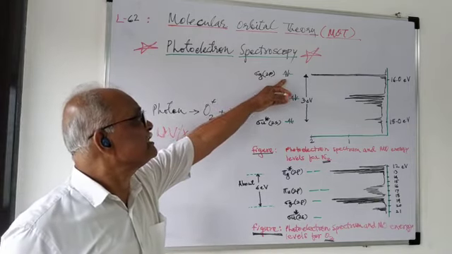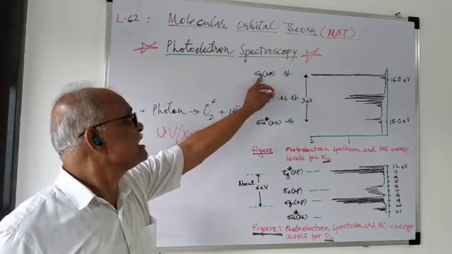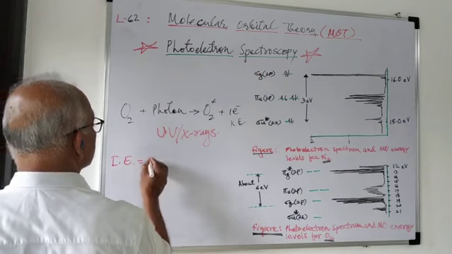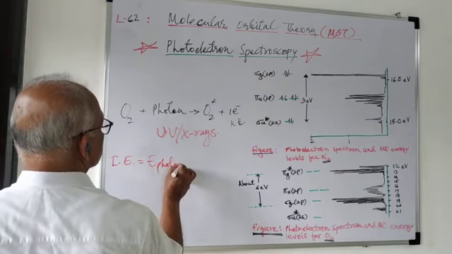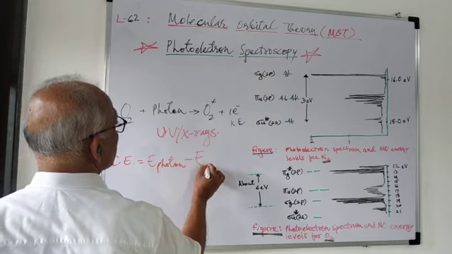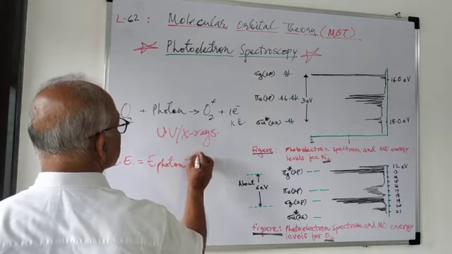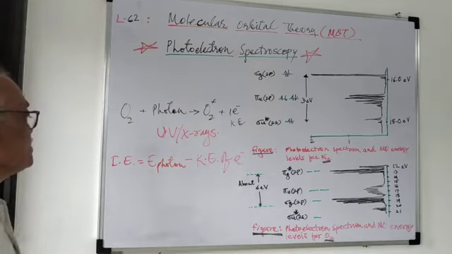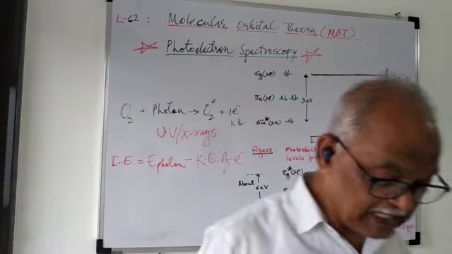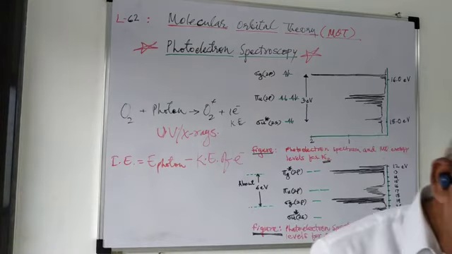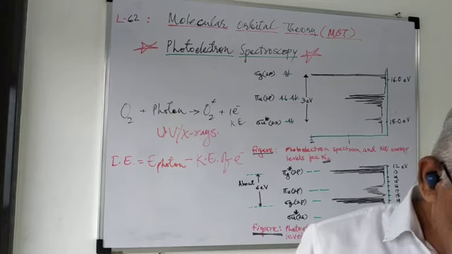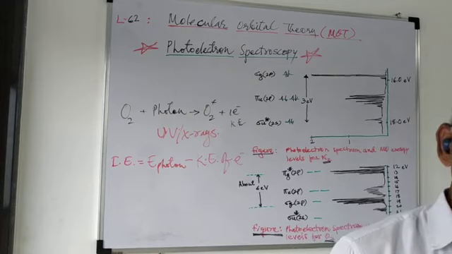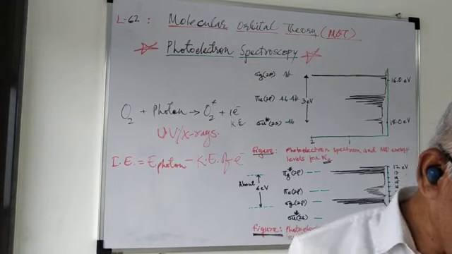For example, if we consider the sigma g 2p energy level or an electron present in it, then the energy of the photon minus the kinetic energy of the electron will give us the ionization energy of that particular electron or orbital. So the ionization energy will help us understand the binding energy of the electron.